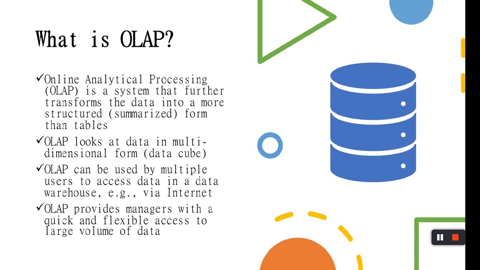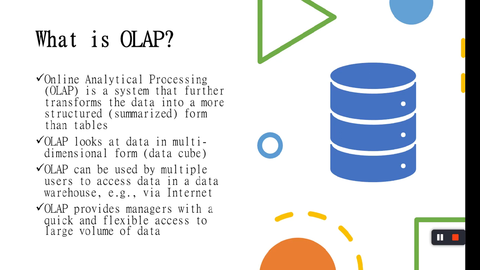Okay, so what is wrong with a tabular format? So tabular format is very much simplified, and it's like a 2D presentation, right? So in OLAP, we are focused on the 3D or more advanced D versions. Okay, so OLAP looks at data in multi-dimensional form.